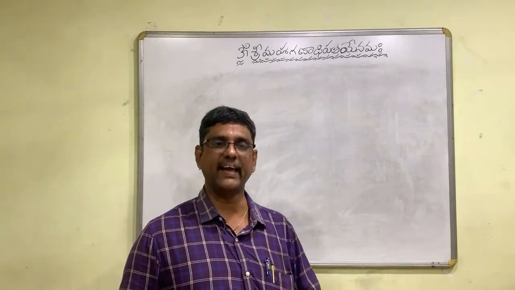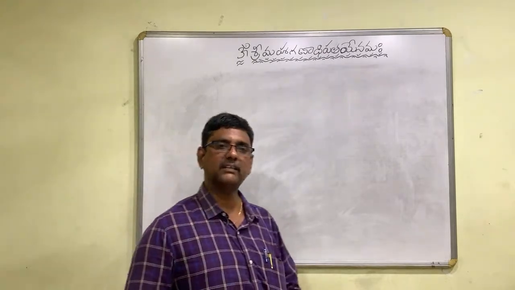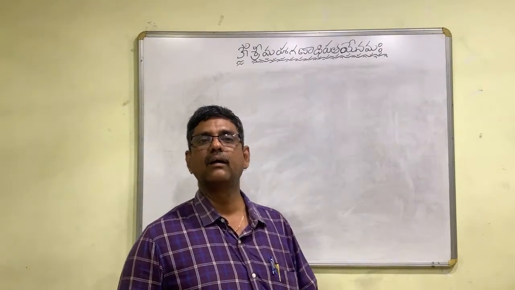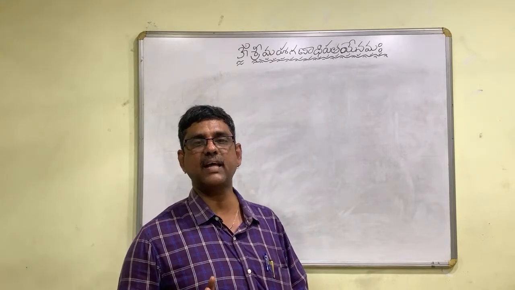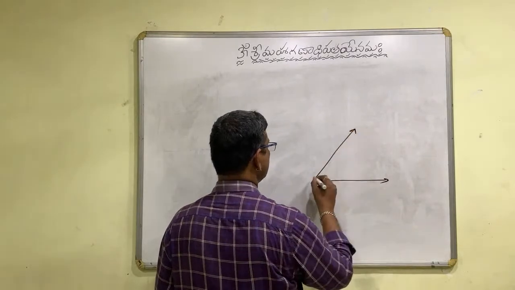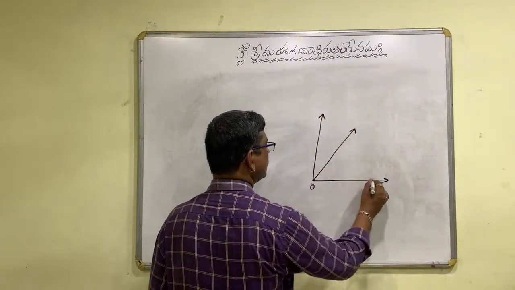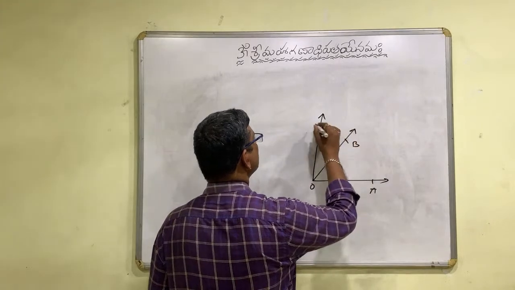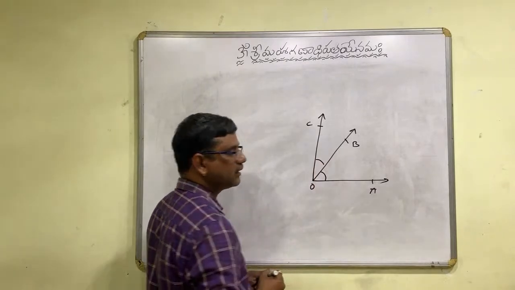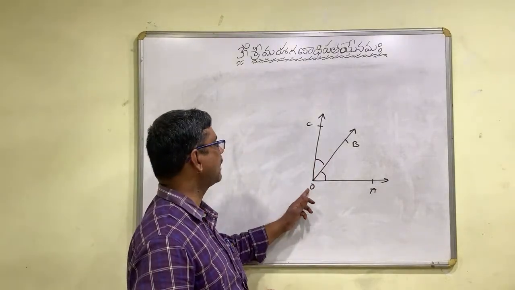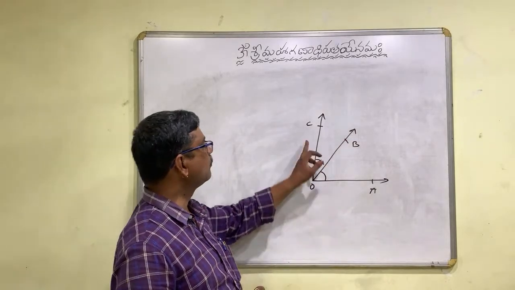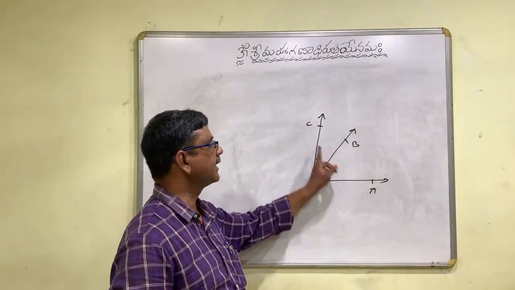And after that, adjacent angles. Two angles are said to be adjacent if those two angles must have a common arm. For example, here angle AOB and angle BOC both are having a common arm OB, and OA and OC are non-common arms for these two angles.